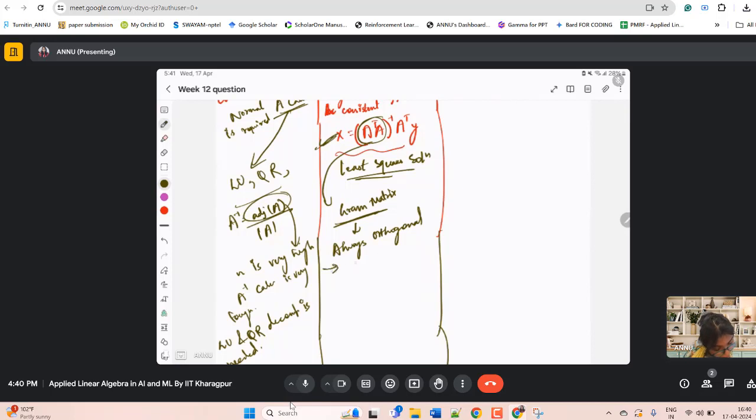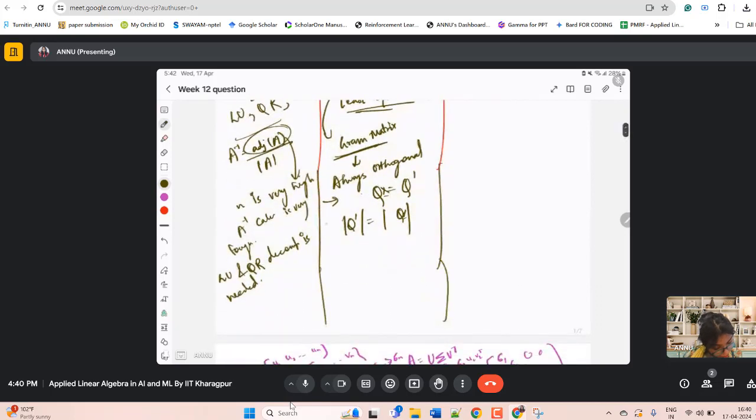If we multiply any vector with an orthogonal matrix Q, then norm of Qx equals norm of x.